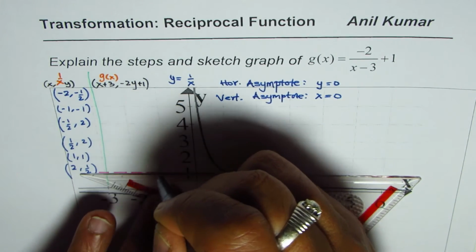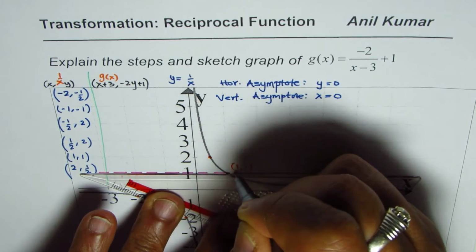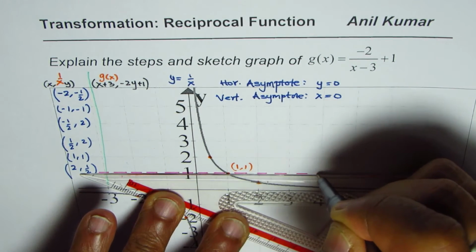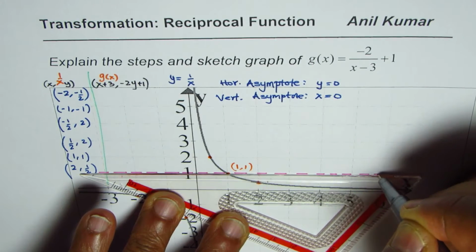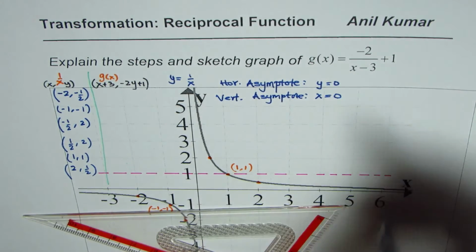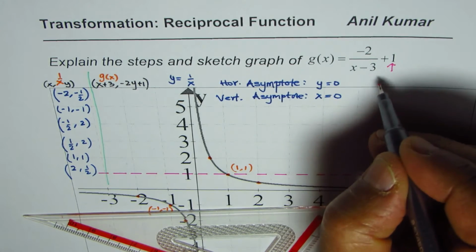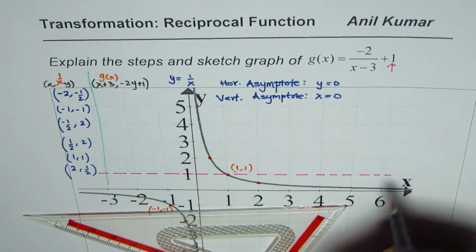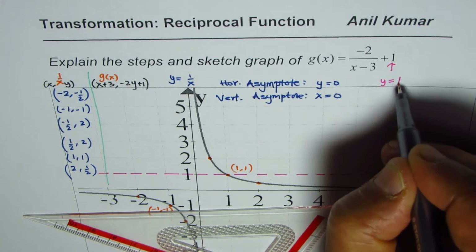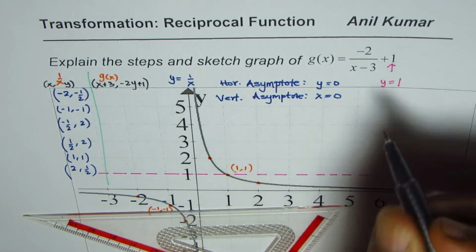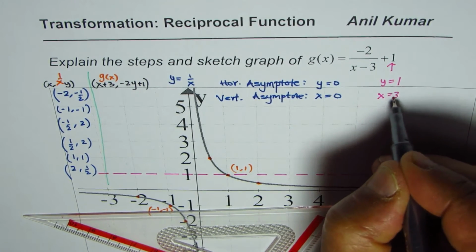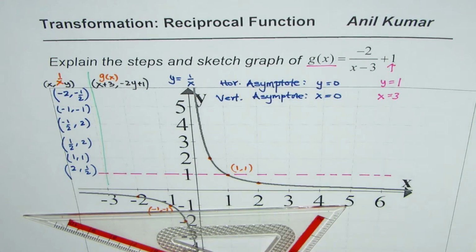This is the horizontal asymptote for the final transformed function g of x, since we have this 1 here. So in g of x, the horizontal asymptote is y equals 1, and the vertical asymptote is x equals 3.